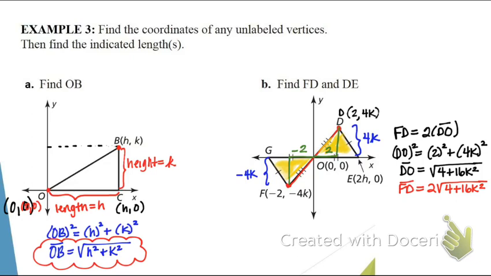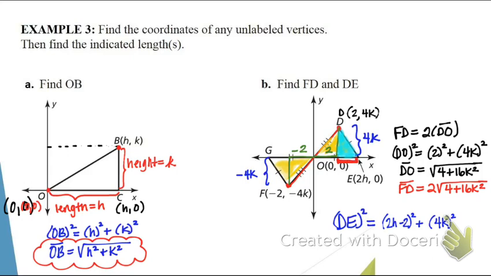So now we need to find DE. Okay, so here's triangle DE, this turquoise triangle. DE, again, if we apply the Pythagorean theorem, right, it's going to be this distance here, right? That's one of my sides of my triangle.